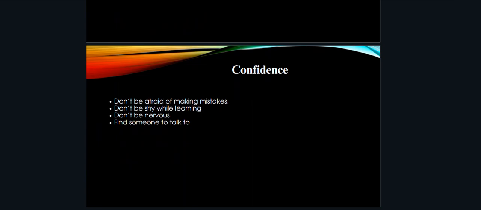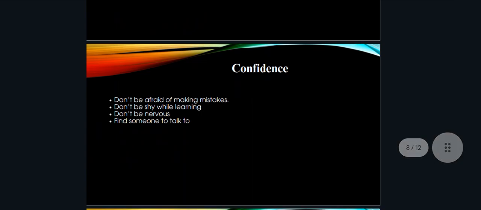Whichever thing you are learning, don't think about shyness. Just be confident in yourself, don't be nervous, and find someone to talk to. You should have a community, good friends who are also keen on learning the English language, so you can speak and communicate with them. In this way you will get more practice and you will learn a lot, and it will also give you more confidence to speak.